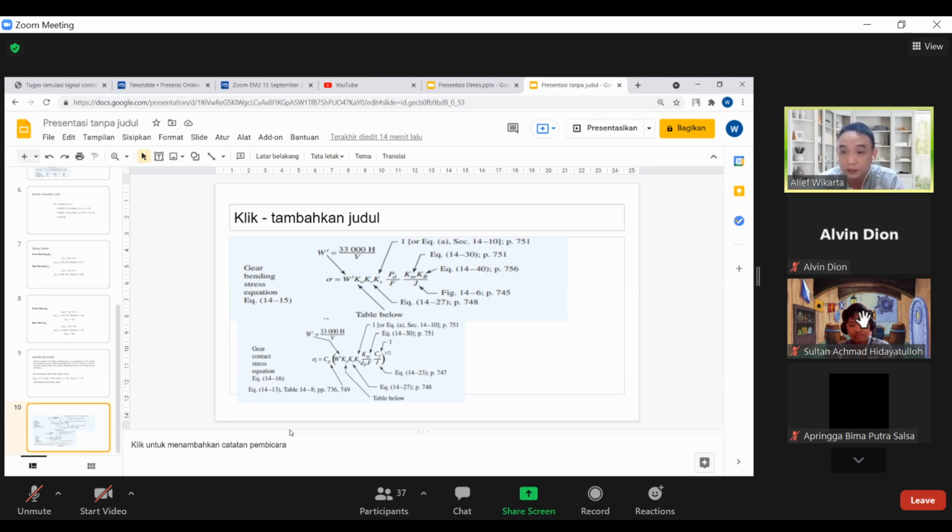Maybe sometimes the gear is operating at room temperature, but sometimes at higher than room temperature, and also other factors. All of those factors must be included in the equations. This is why we use equations 14 and 15.